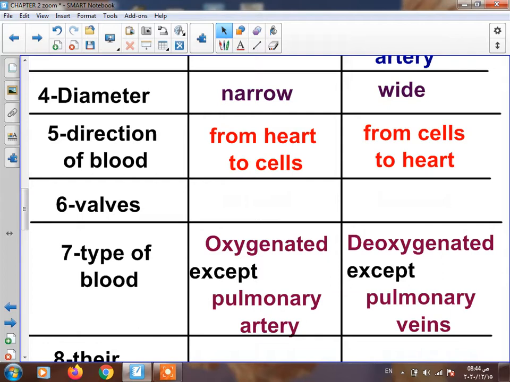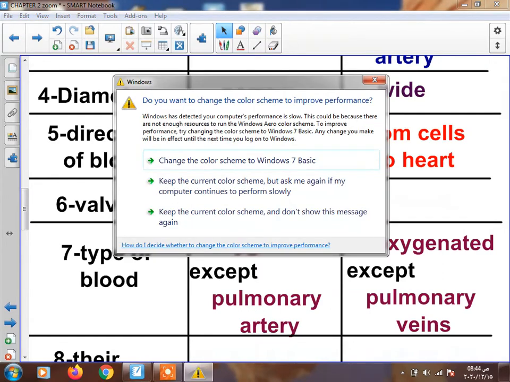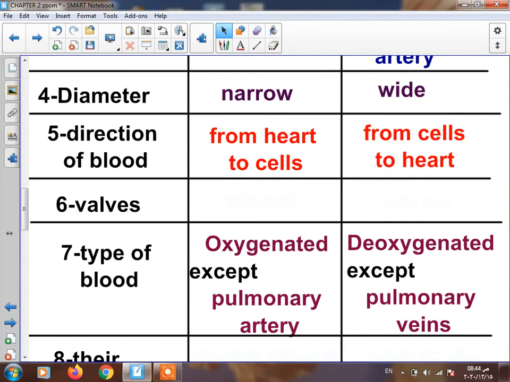Do you think the lung gives my body carbon dioxide? Of course not. It carries oxygen gas. So the whole vein is deoxygenated except the pulmonary vein, which carries oxygen, and the whole artery carries oxygenated blood except the pulmonary artery, which carries deoxygenated blood.